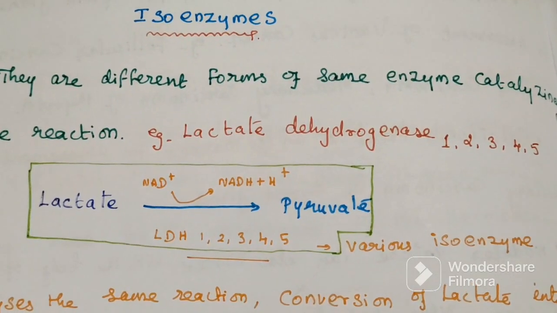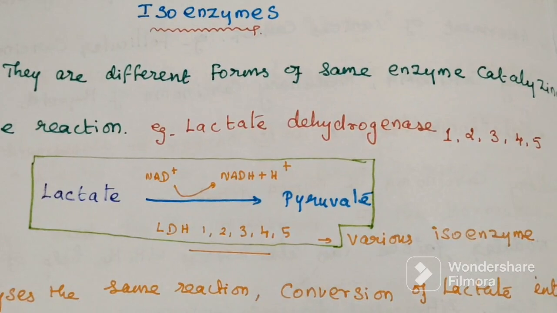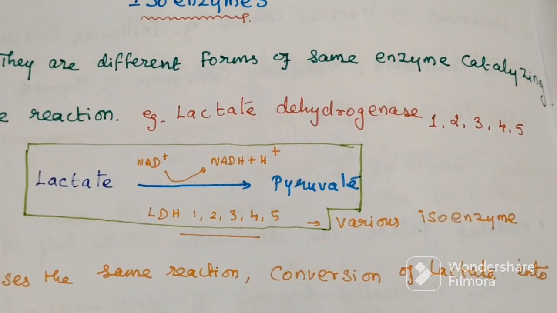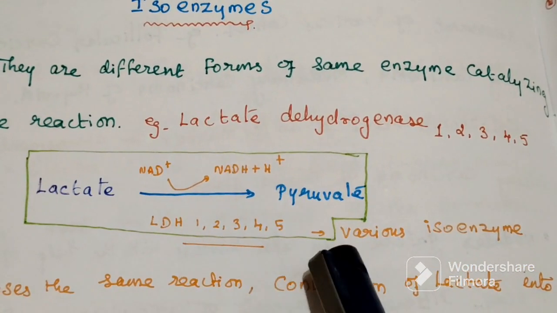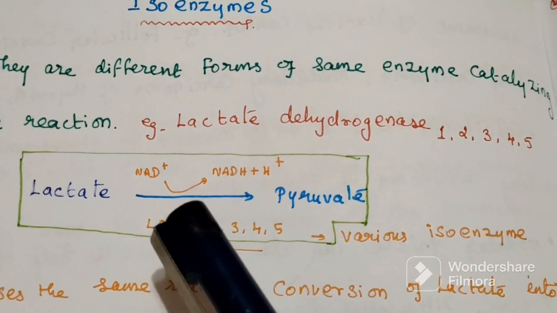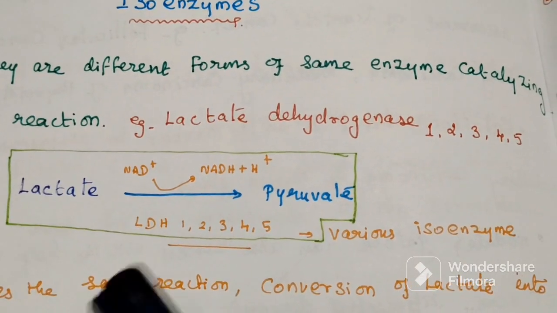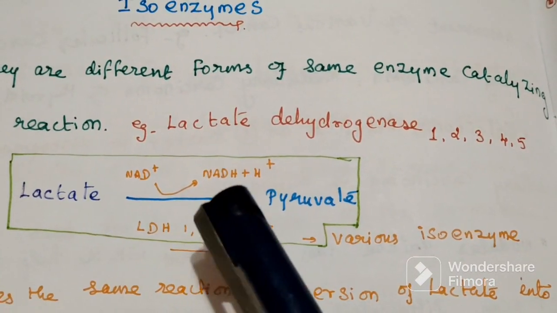Each LDH catalyzes the conversion of lactate into pyruvate. NAD plus is required as coenzyme, which is converted into NADH plus H.